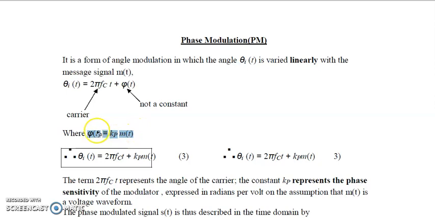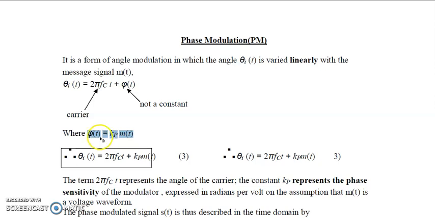This is the linear relationship. m t is the message signal and phi t is the change brought into the phase angle of the modulated signal. Whenever phi t is directly proportional to m t, converting the proportional sign to an equal sign, we put a constant, and here k p is a proportionality constant, and this p denotes phase, the constant of phase modulation.